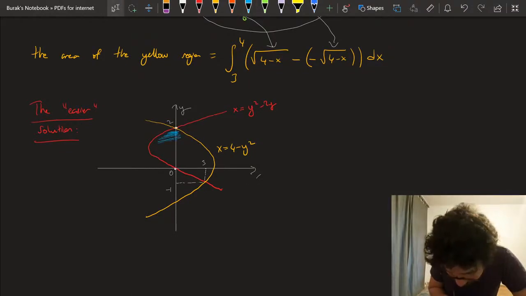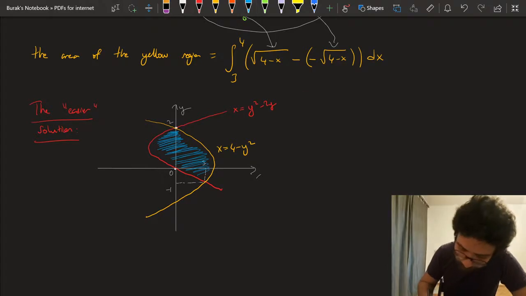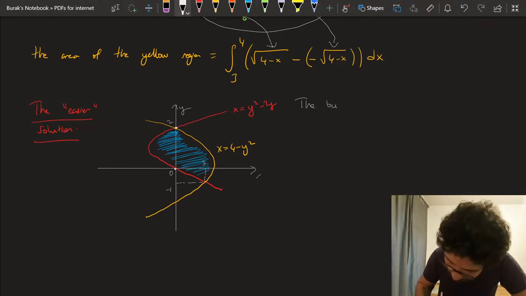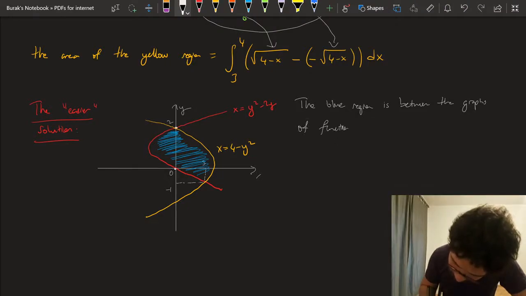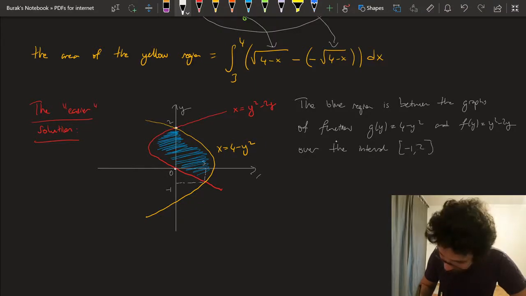Okay? So this blue region is between the graphs of functions g of y equals 4 minus y squared and f of y equals y squared minus 2y over the interval minus 1 to 2.